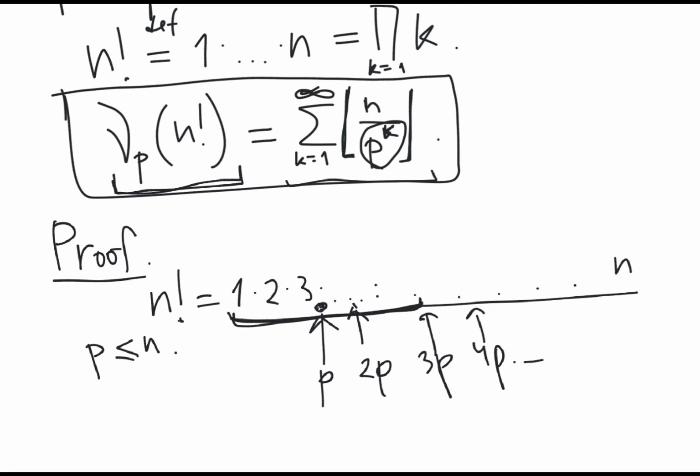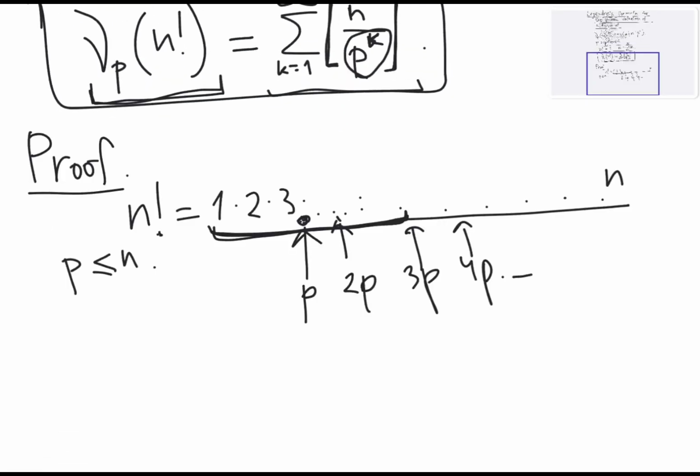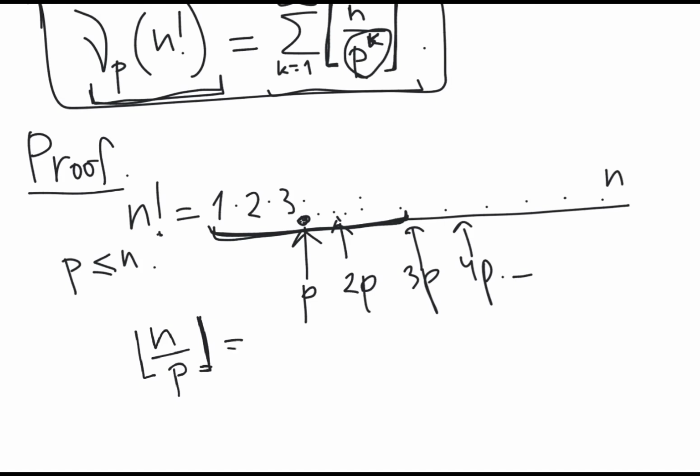So how many of them do we have? If we divide n by p and take the floor, this is the number of k's such that kp is less than or equal to n.